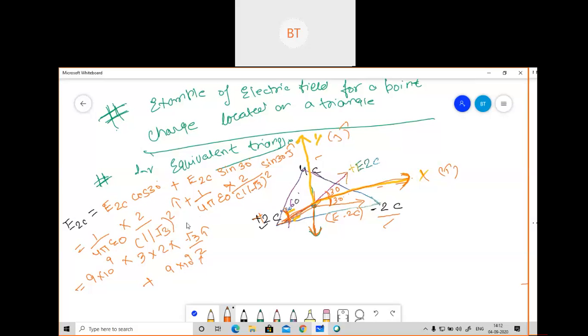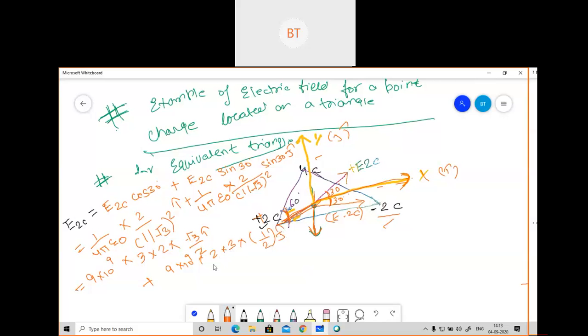Cos 30 value you already know, so I have written under root 3 by 2 into 2, this 2 will go off, 2 into 3, into sine 30, 1 by 2, 1 by 2, and into j cap.